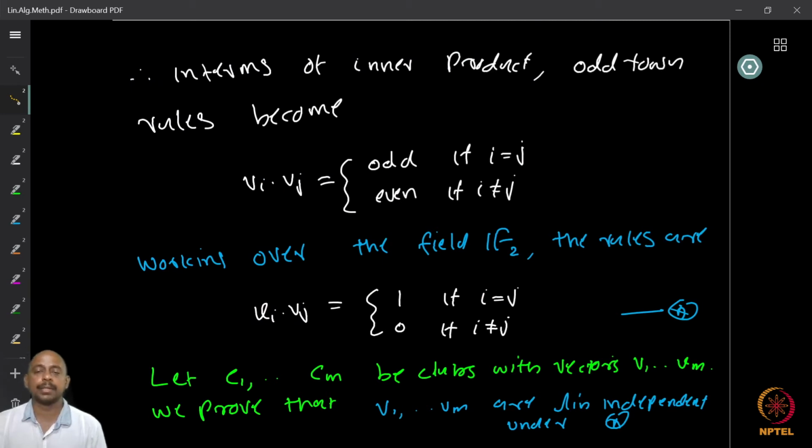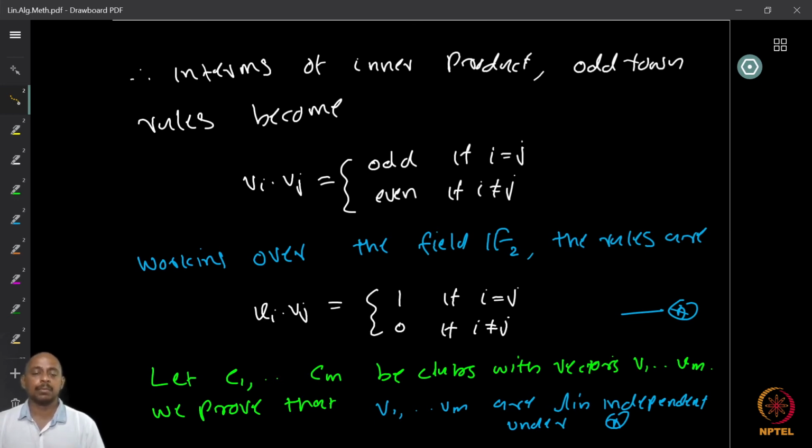Now let us look at the situation in terms of the inner product. Can you write the rules of the odd town? I can now write them. If i is equal to j, then it's basically vi dot vi. Wherever the member is present, it will be 1, so for each member I will get a 1. Therefore it counts the number of members.